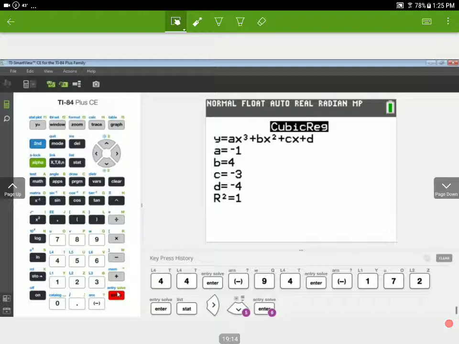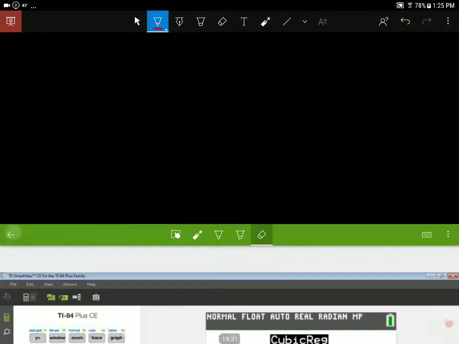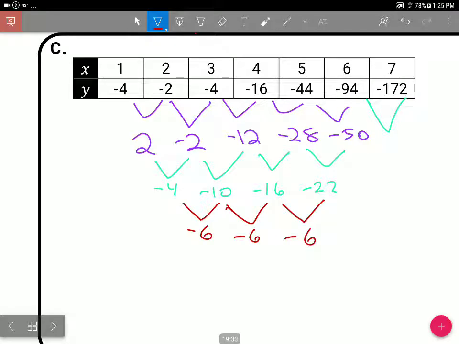And those will be your coefficients. So you got a -x to the third, a positive 4x squared, minus 3x, minus 4. Cool? So let's go back and do that. Y equals -x cubed plus 4x squared.